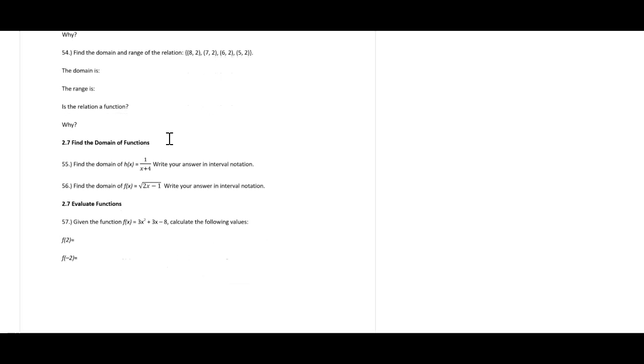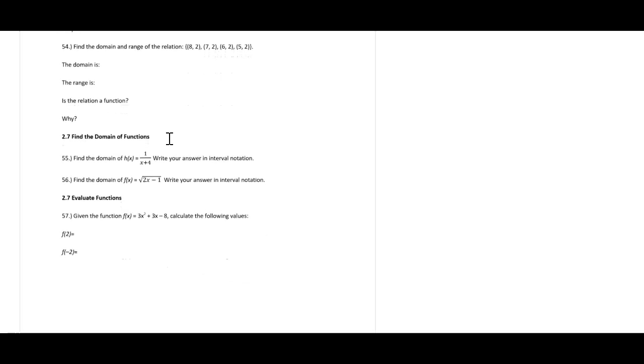Okay, let's look at 54. So I'm talking about domain and range. Remember that the domain is the set of all x values. I'm just going to write that on here. So these are going to be our x values. And the range is our y values.